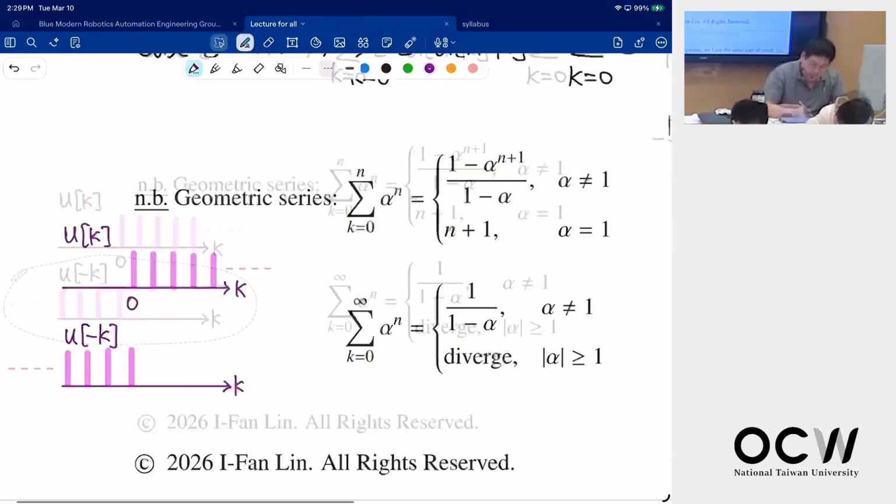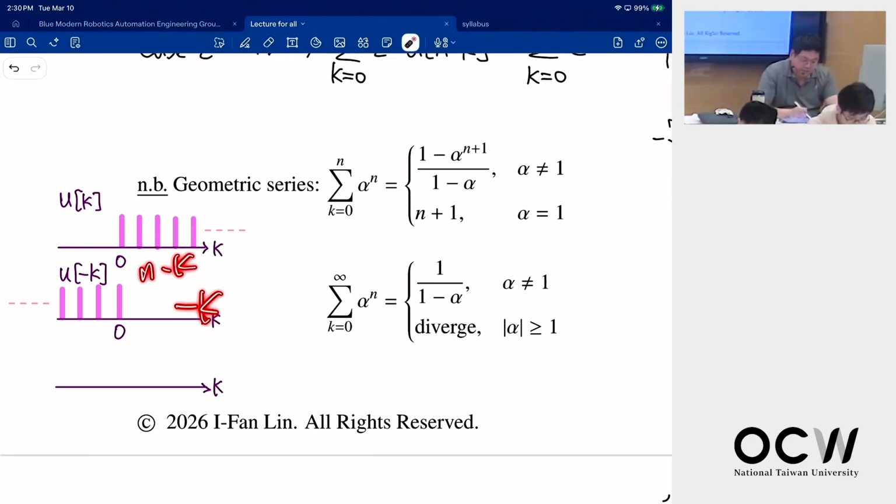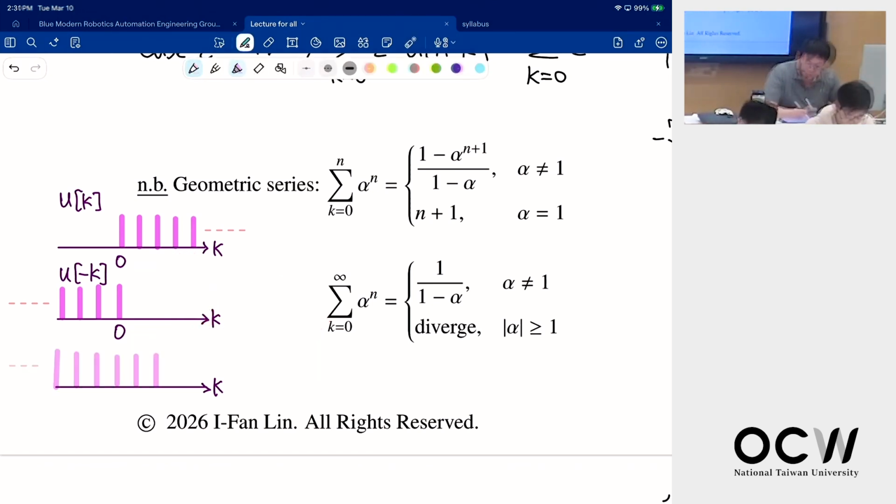It's still 0 at this point. n minus k means minus k plus n. Do I shift n to the right or to the left? If I reverse this, then plus n means my signal is shifting to the right by n units. So suppose this is u[n minus k].